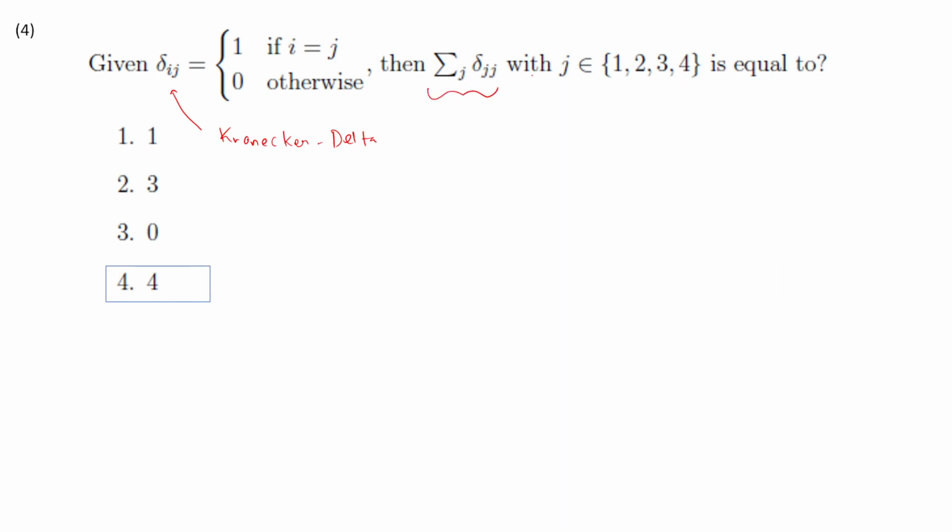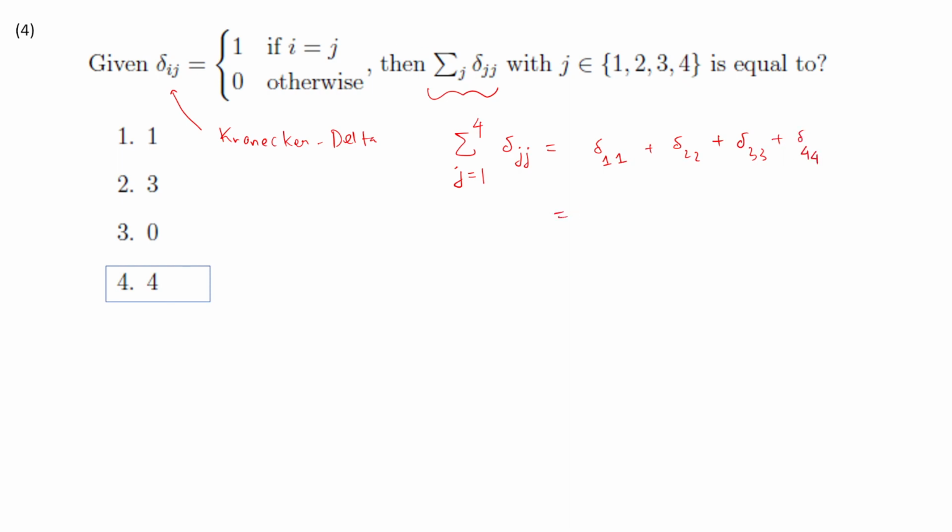And we have to find this quantity, the sum of delta jj where j is equal to 1, 2, 3 and 4. It is just simple, we simply have to expand it. So j varies from 1 to 4, so it is delta 11 plus delta 22 plus delta 33 plus delta 44.